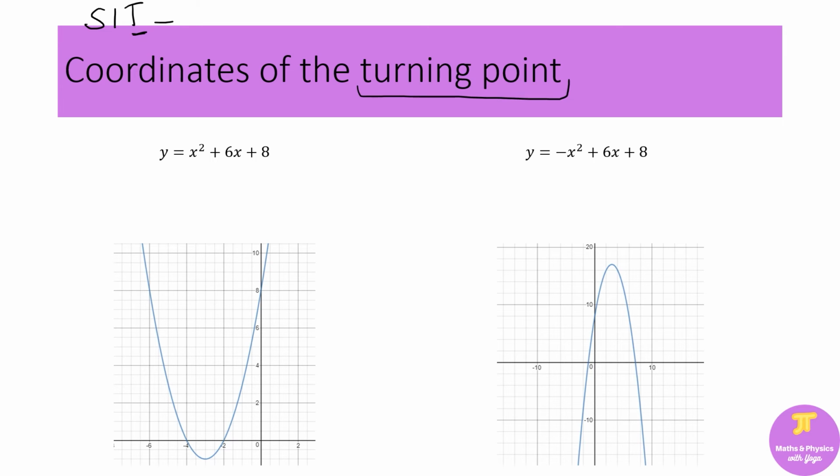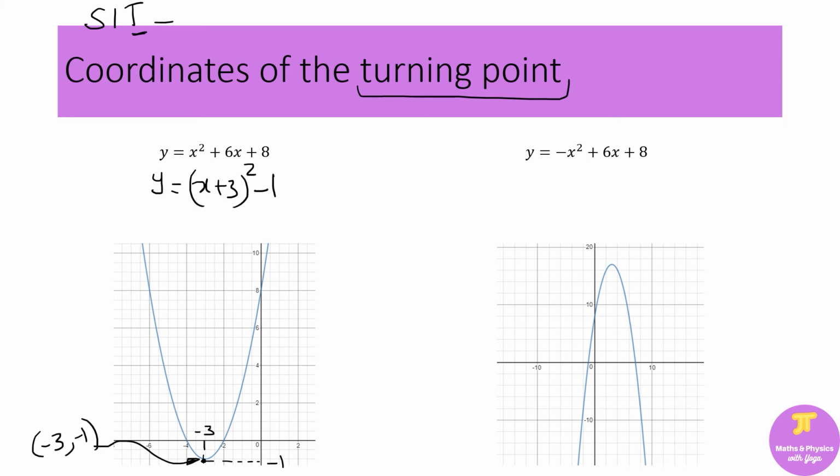If you do completing the square, this would become (x + 3) squared minus 1, which means this is minus 1. This would happen when x equals -3. This coordinate is (-3, -1). So that's the turning point.